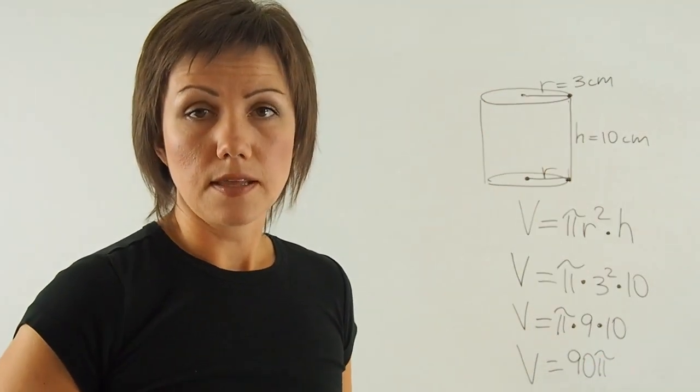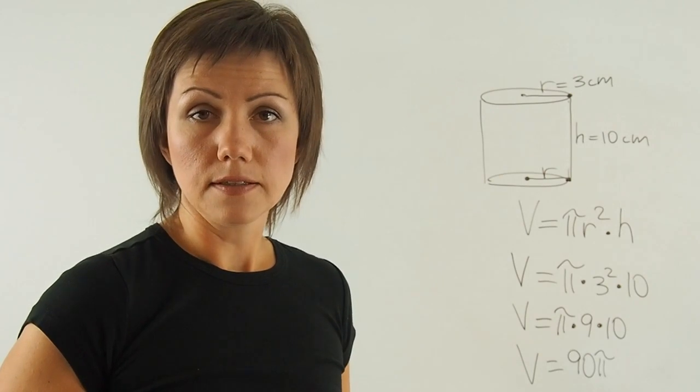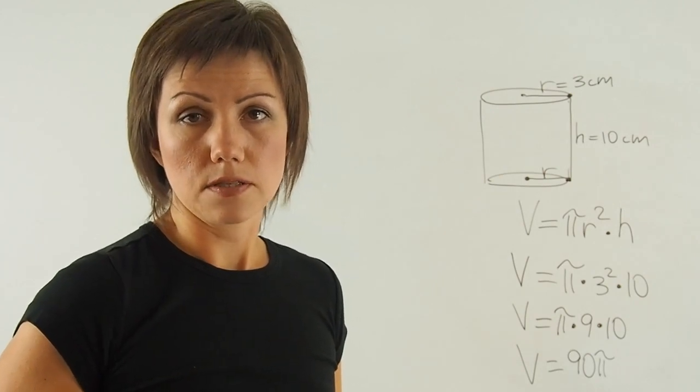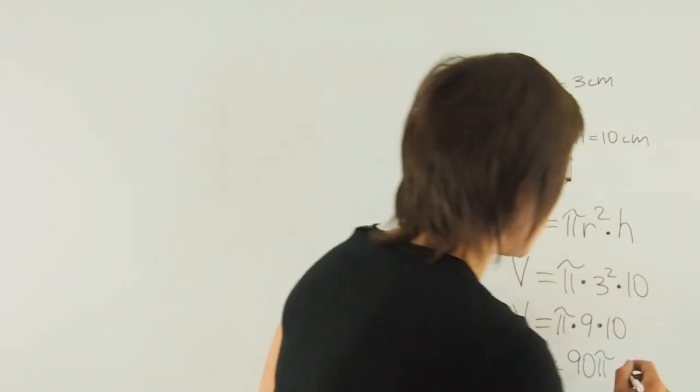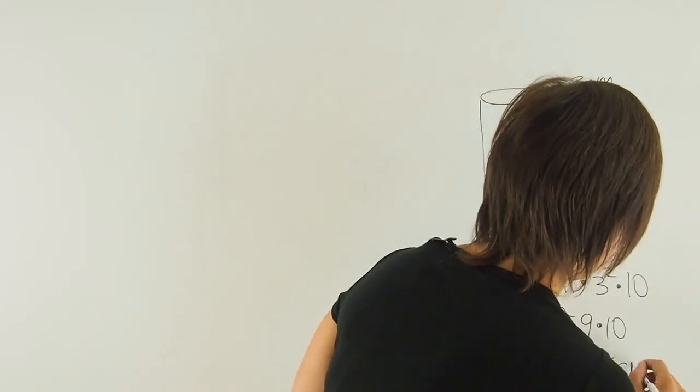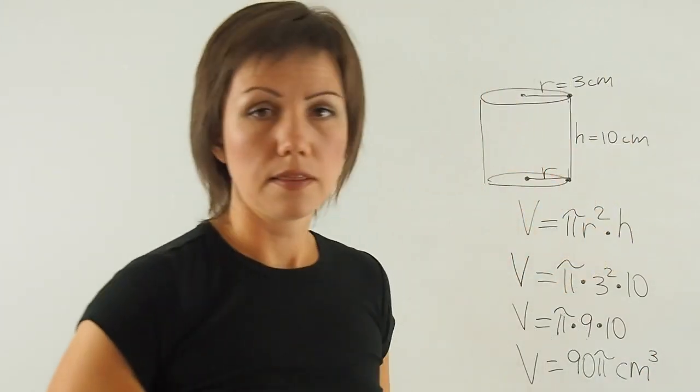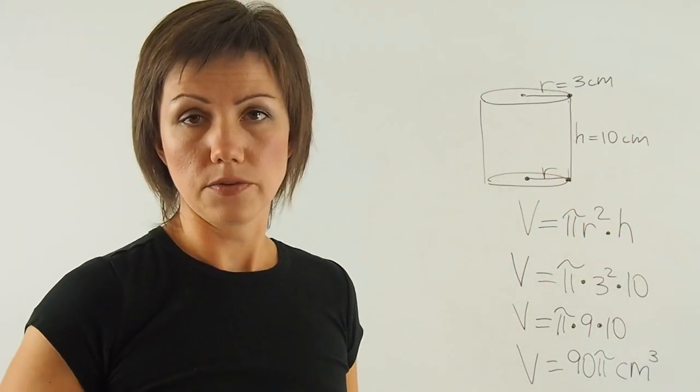The units that we measure volume in are cubic units, because we have 3 dimensions now involved. So since this was centimeters, we have 3 as the exponent of the units.